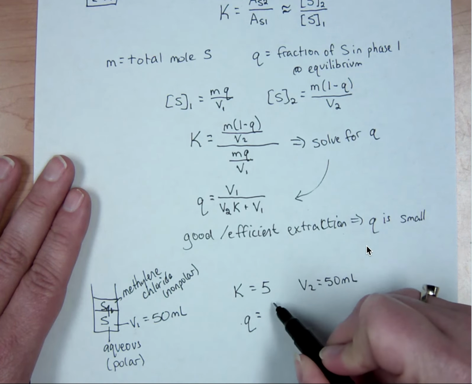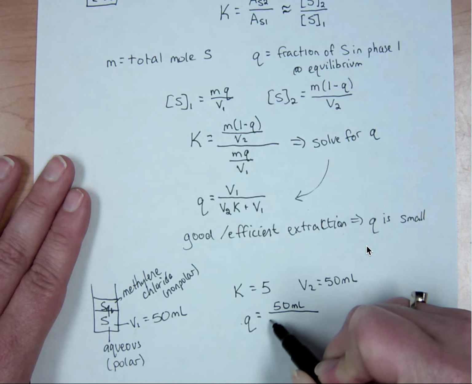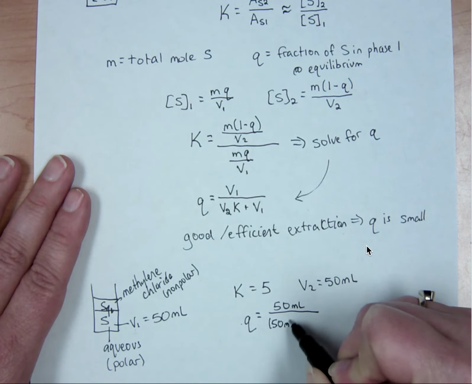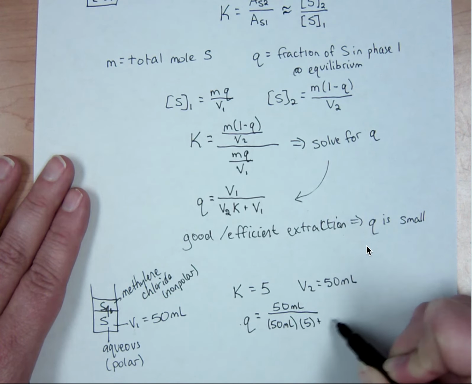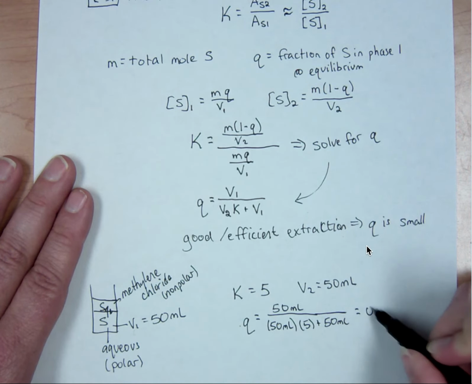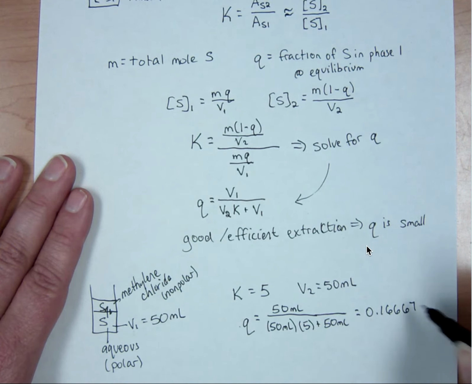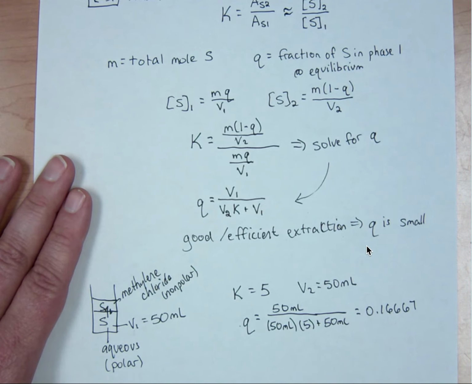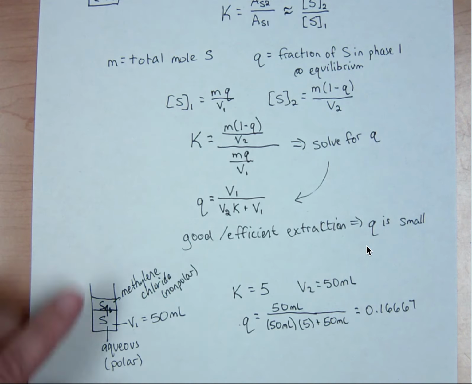V1 is 50 mL, V2 is 50 mL, K is 5, and V1 is again 50 mL. If you plug this into your calculator, you should get a value of 0.16667, and that's the fraction left in phase 1.